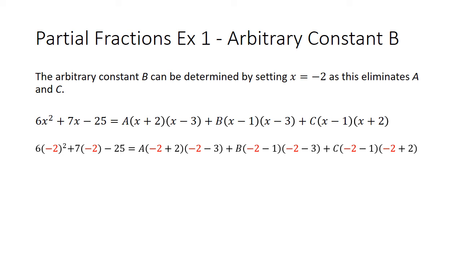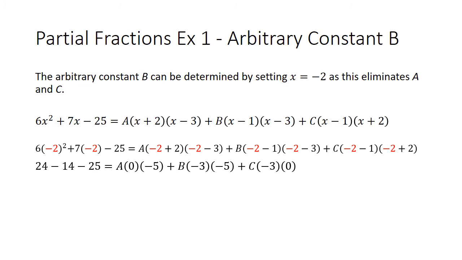Minus 2 minus 3 will give minus 5. B is minus 2 minus 1, which will give us minus 3. And minus 2 minus 3 will give us minus 5. And C gives us minus 2 minus 1, which is minus 3, and minus 2 plus 2, which is 0.